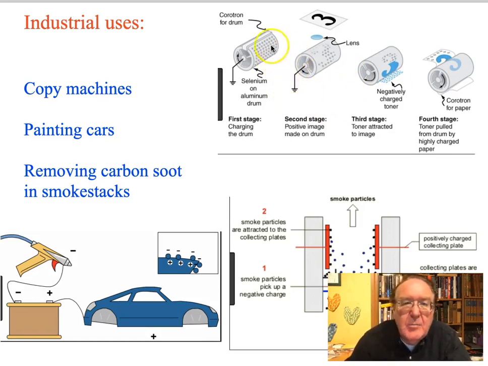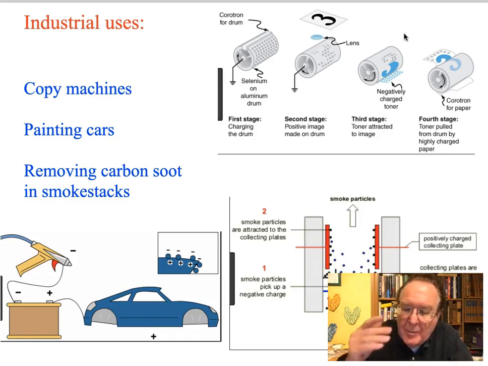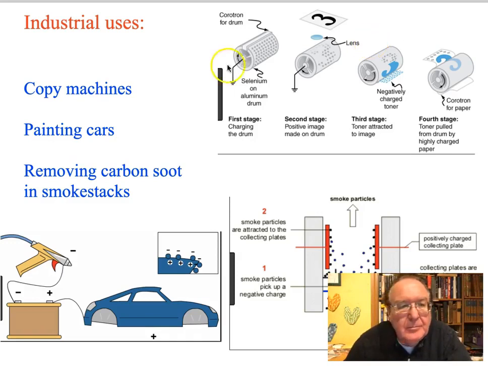What you do is you make a static charge image, put a piece of paper there, and then the negative charge toner, which is like graphite, is electrostatically attracted to the paper as the drum rolls around, and then the paper comes off, and you have a black image. This is a black and white copy machine. The black gets embedded in the paper by electrostatic attraction.